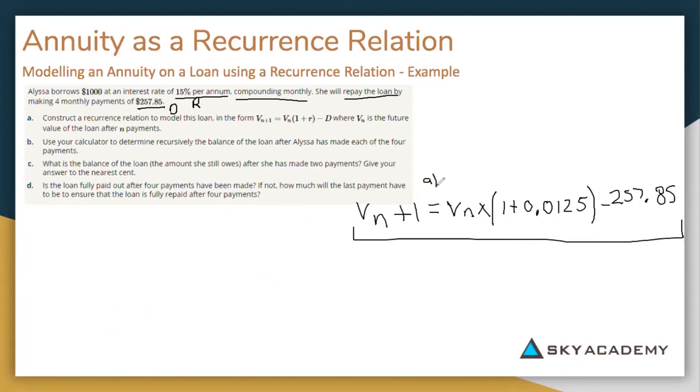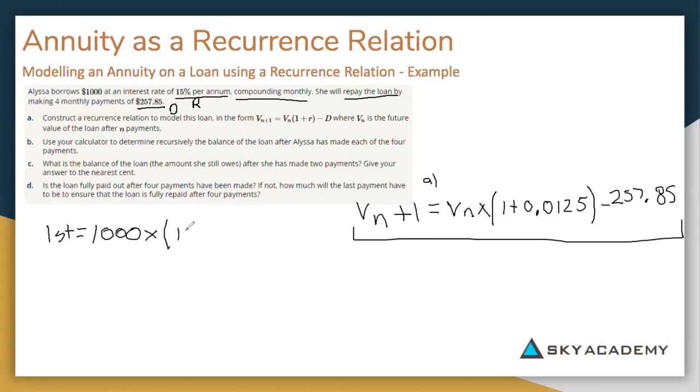So the first one to do for B would be year 1. So obviously after the first year, she will have, so the Vn plus 1, that will be the first year. So first year equals whatever we borrow. So we borrowed $1,000. That's what Vn equals. So that's the value after no annuities has been added to that.